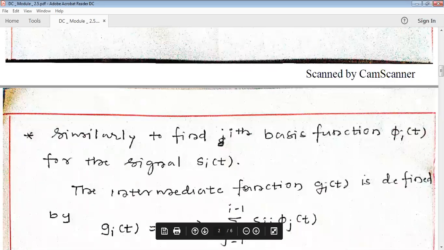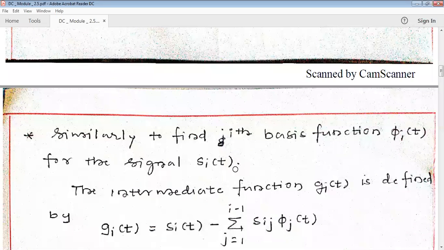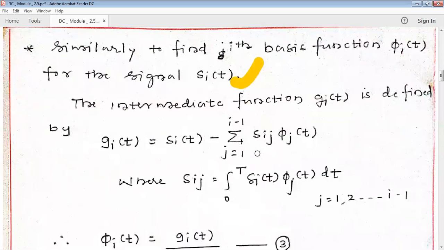Similarly, to find the ith basis function phi_i of t for the signal S_i of t, the intermediate function is g_i of t, which is defined in general as the ith intermediate function required to calculate the ith basis function.